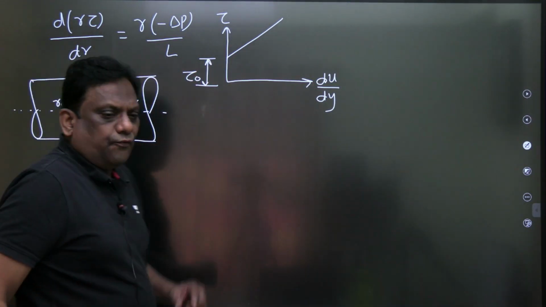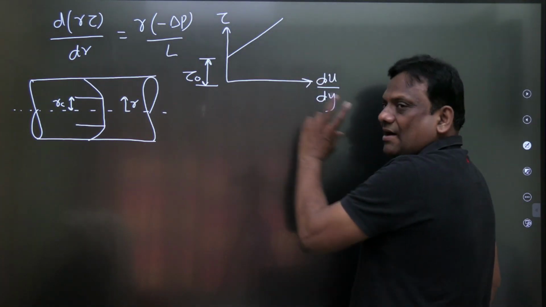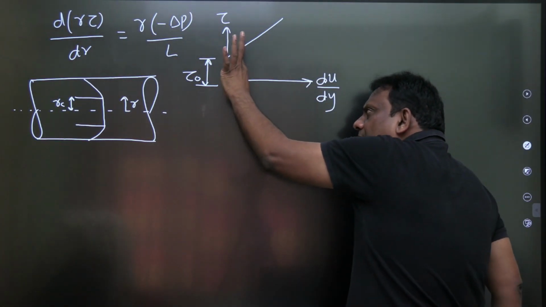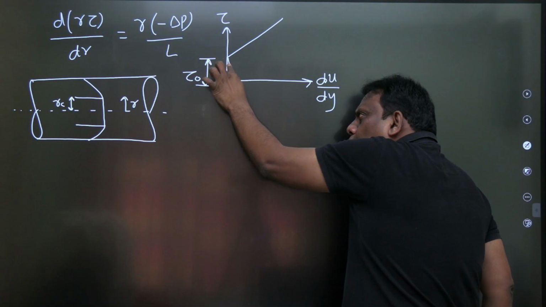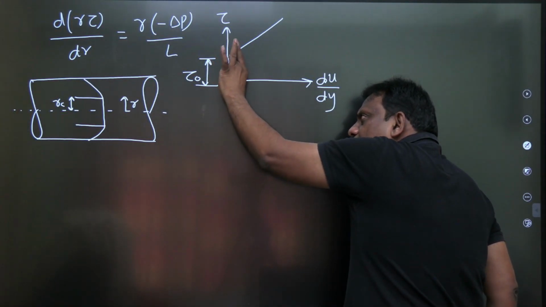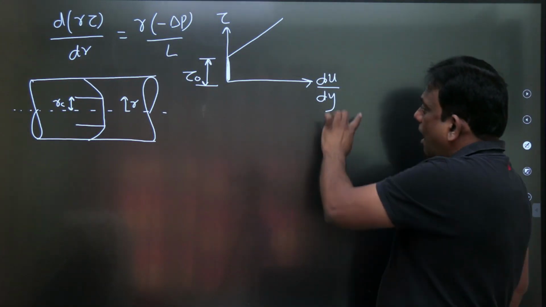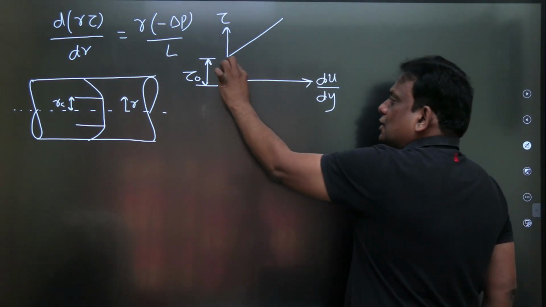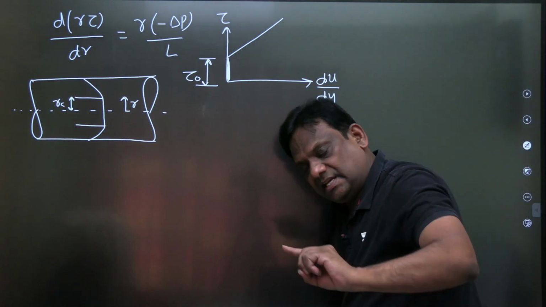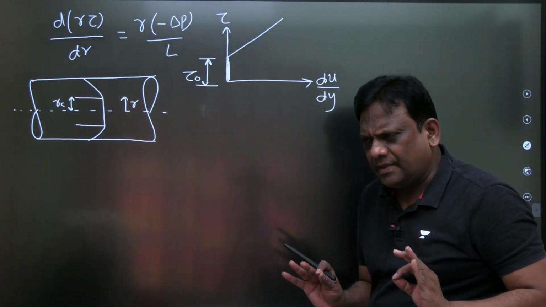What does it mean? Physically, what is the meaning of this graph? It means up to this shear stress, there are no velocity gradients. Our du by dy values are 0. Look carefully, sirs.